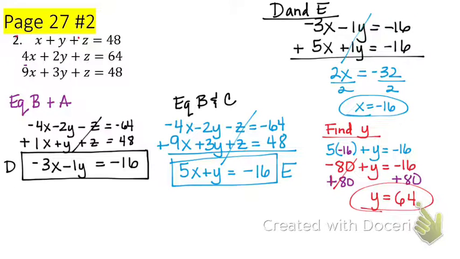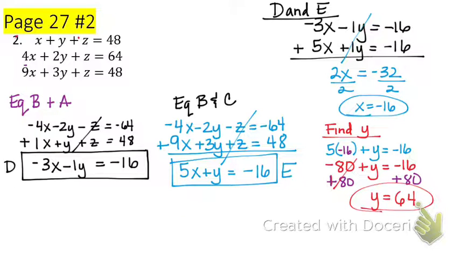So my last step is going to be to find Z. And I'm going to use the first equation. Actually, I'm going to write it at the top of the screen. Let me move up because I got some space.